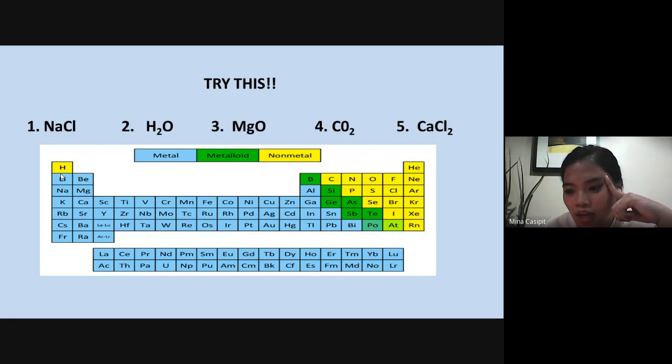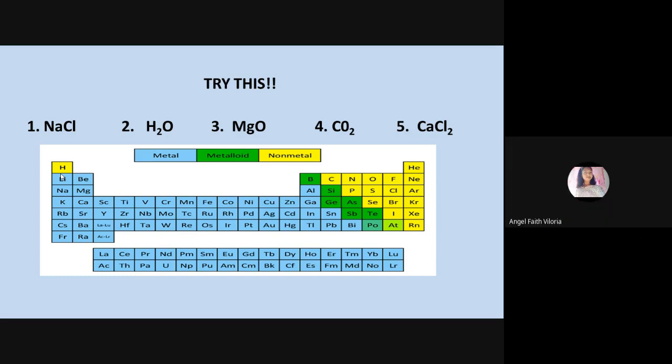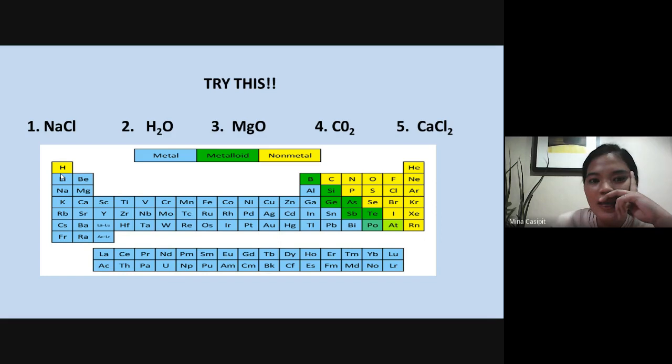So, tutulungan ka daw ni Angel Faith. Fatima. Non-metal. Non-metal po, ma'am. Okay, hydrogen is non-metal. Tingnan niyo yung label dito, oh. Yellow colored are the non-metal elements. Yung blue, yung metals, at saka yung green, yung metalloid. Yes, Fatima. Answer number 2.